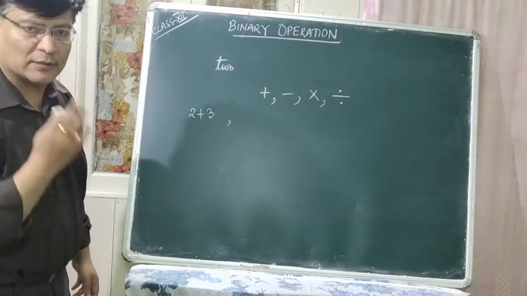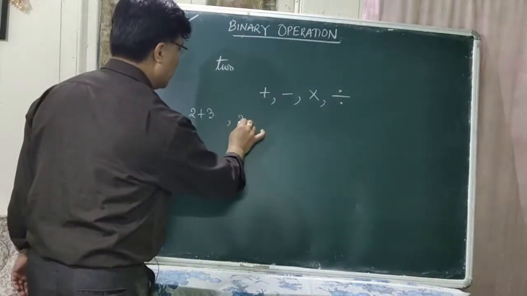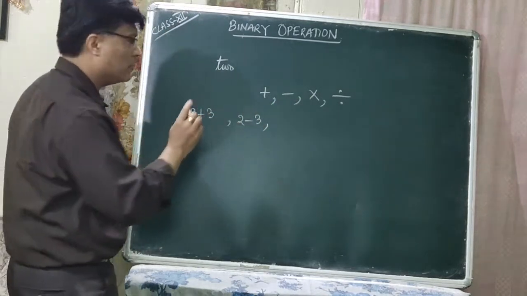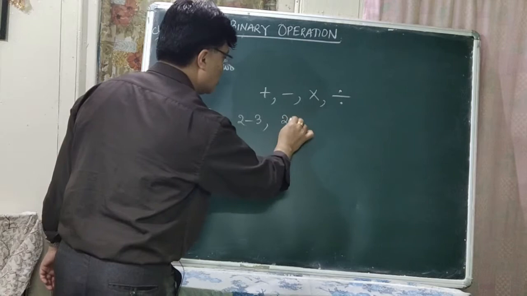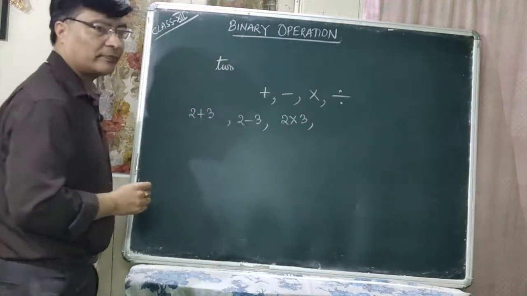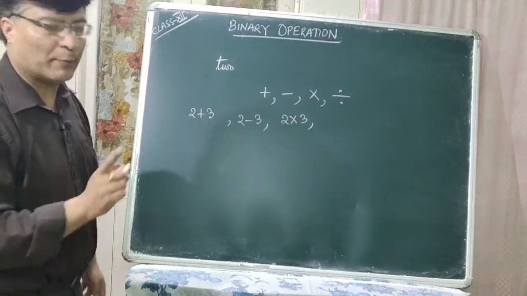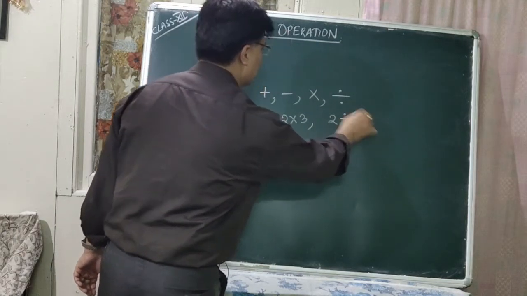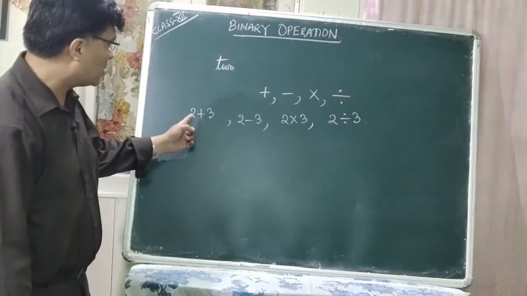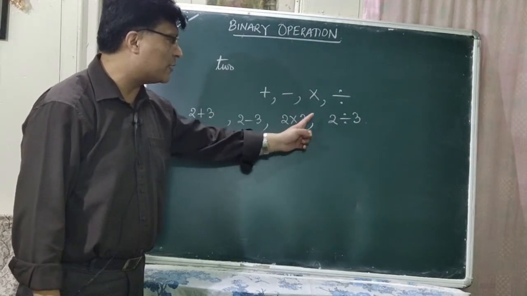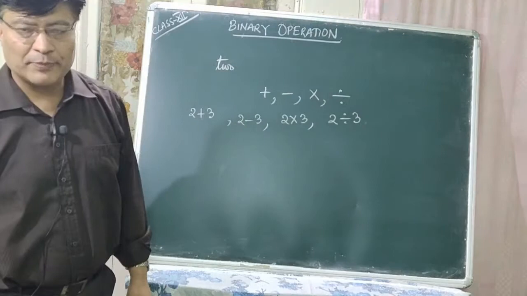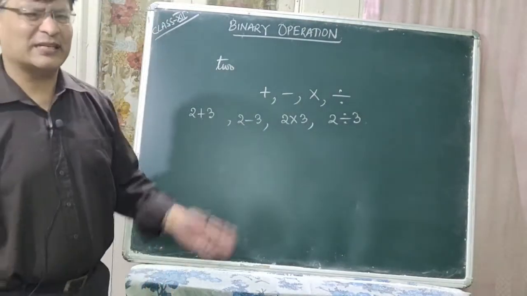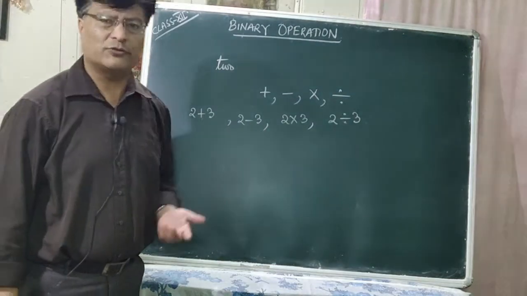This is operated on two numbers, that is 2 minus 3, and this multiplication is also done on two numbers, that is 2 multiplied by 3, and this division is also operated on two numbers, that is 2 divided by 3. So the operations are 2 plus 3, 2 minus 3, 2 multiplied by 3, 2 divided by 3, that is done in lower classes, isn't it? You have done it in class KG or 1, 2 or 3, like that.